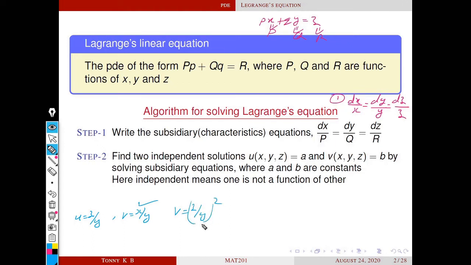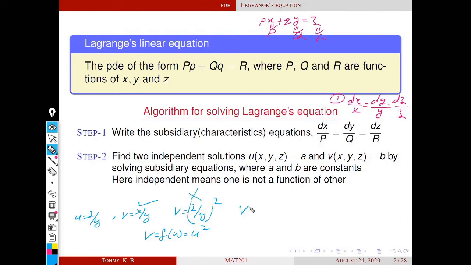Is it possible? No, because here u is z by y, and you can generate v using a function. Which function? You take f of u as u square. So here v is equal to u square. That means v is a function of u. So this is not possible.